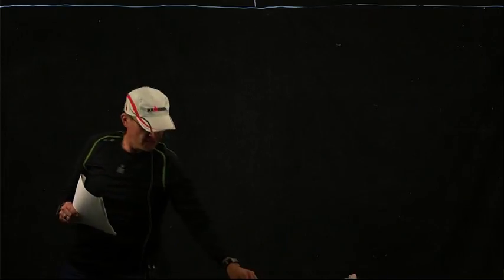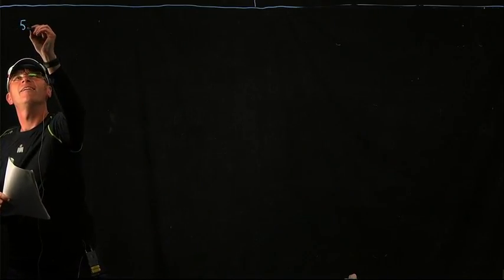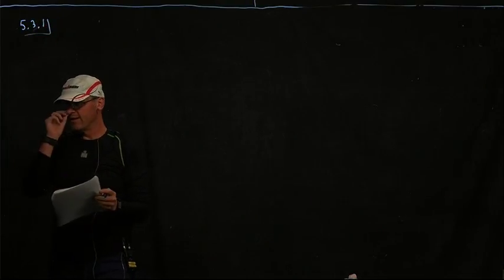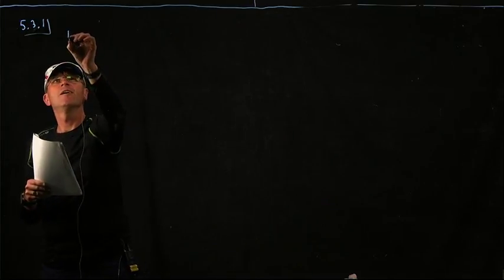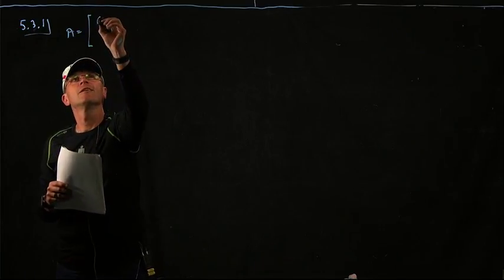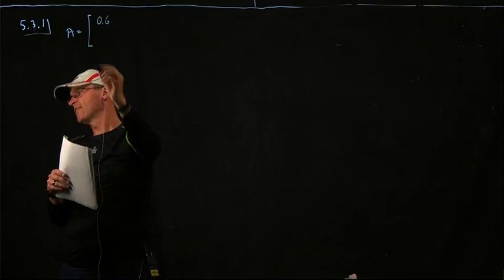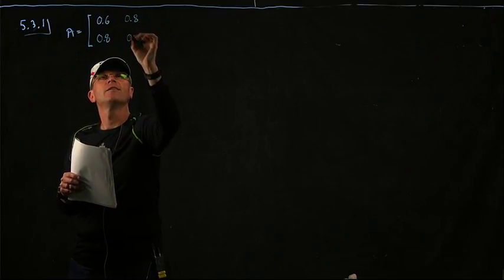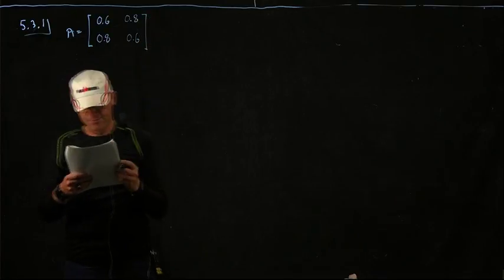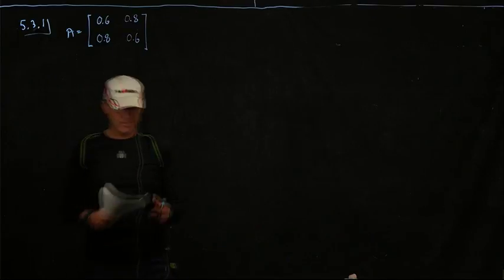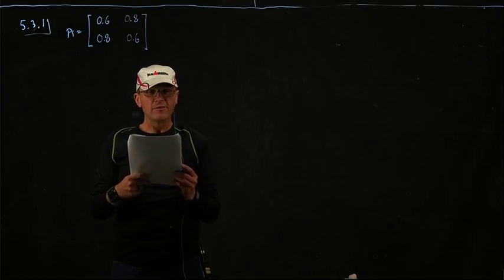Okay. So, 5.3.1. We are given a matrix A, and it looks like this. The entries are 0.6, 0.8, 0.8, and 0.6. And the question is, is this matrix orthogonal?